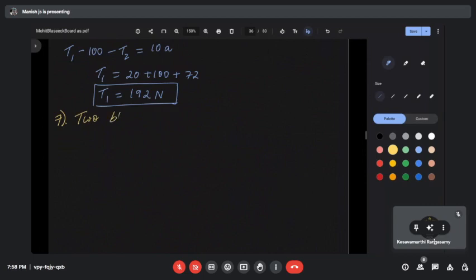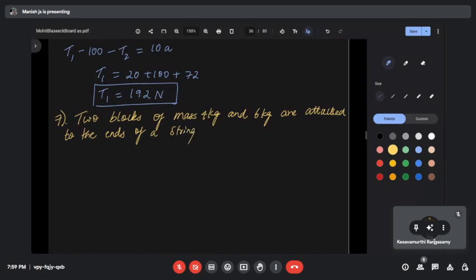Two blocks of mass 4 kg and 6 kg are attached to the ends of a string passing over a pulley.